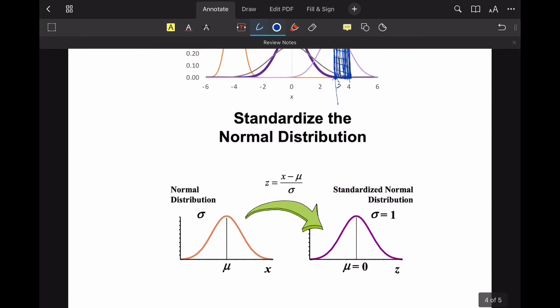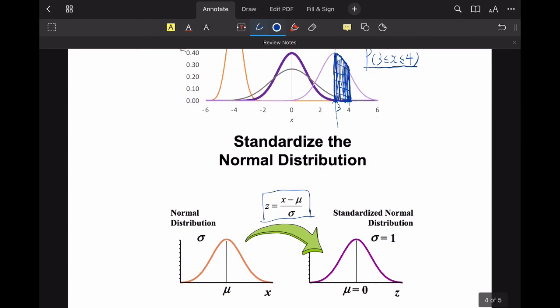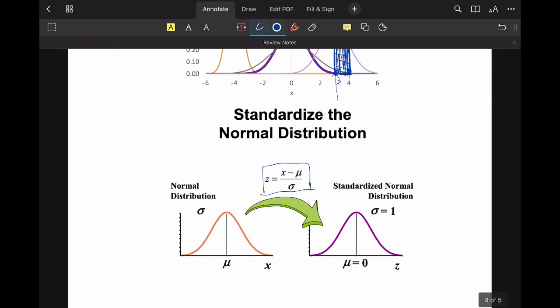And you can see here, that's how we standardize it. How? Remember the z-score we learned before? We standardize it by using the z-score. So now we transform every normal distribution into a normal distribution with a mean of 0 and a standard deviation of 1.